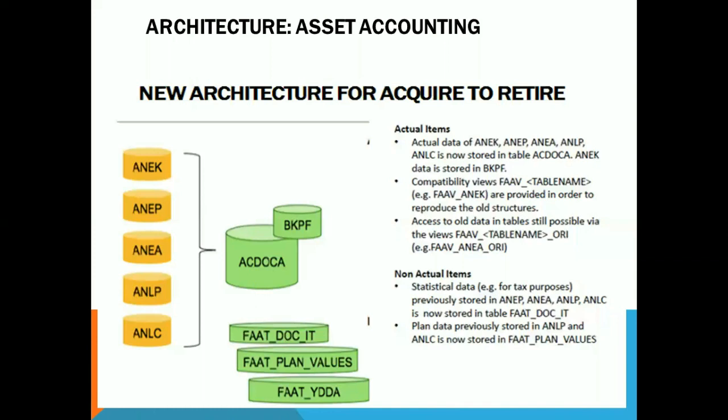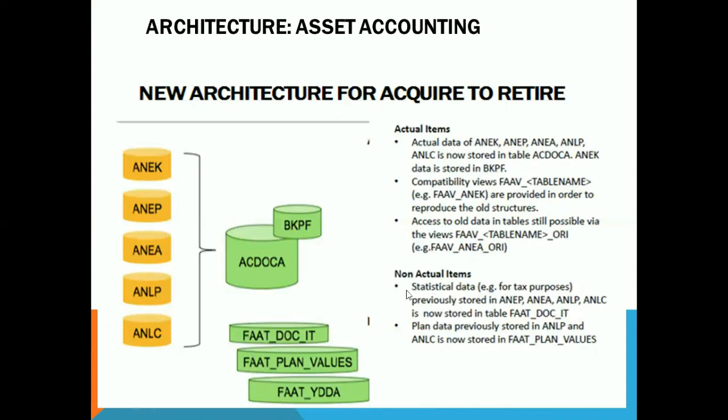But when you come to asset accounting, not only the actuals, we have the plan data, the statistical data, and the year-dependent data. These are all available. But you're saying ECDOCA is only for actuals, so what about the planning data and the statistical data? Where are you going to store these? SAP has designed separate tables for those.